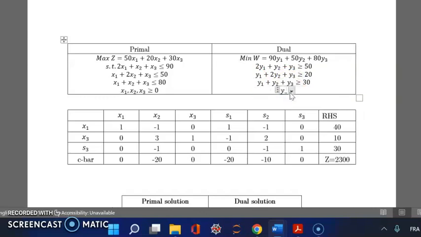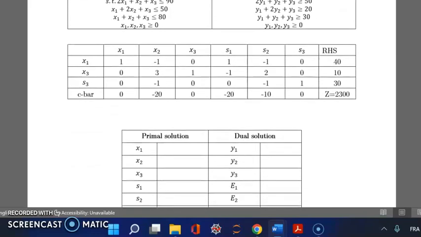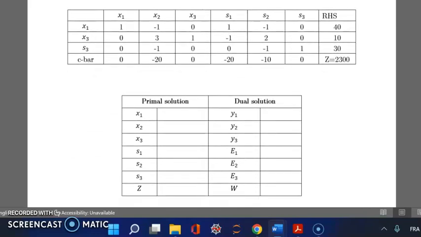So y1, y2, and y3 are all greater than or equal to 0. Okay, so we now have our dual LP, and now we move to the second part of the first question, which is providing the primal and dual optimal solutions.